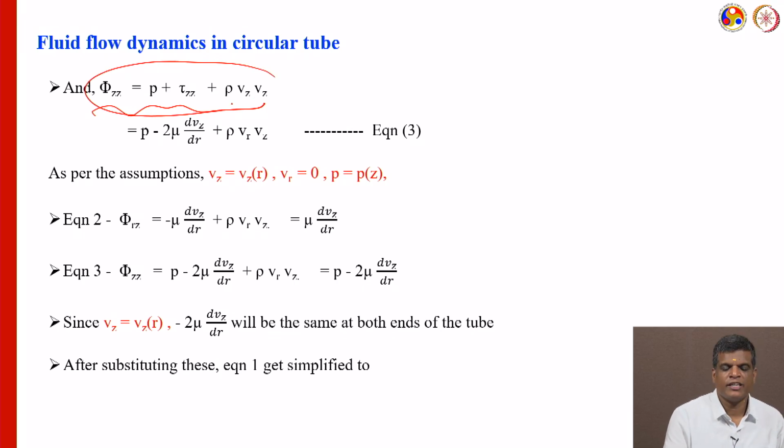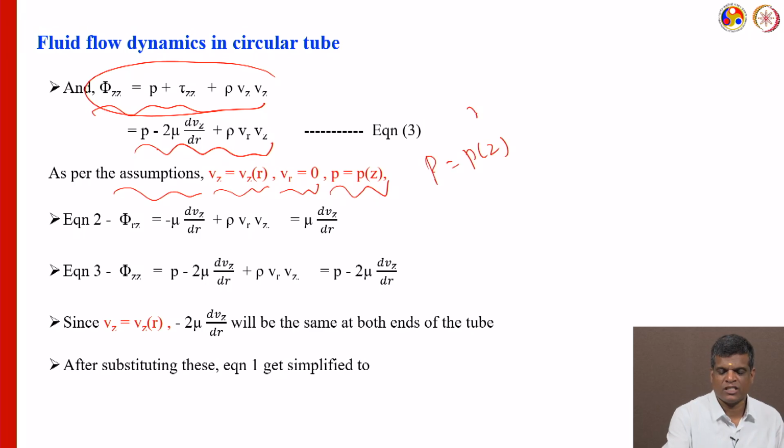Then after simplification, we will get the beautiful expression of p minus 2 mu of this one. So what is the assumption here, v z is a function of r and v r equal to 0, then the p is a function of z, the pressure is a function of z, not x. Because in the previous problem we discussed x, but here it is z and r, both are variables, so we have to use z here.